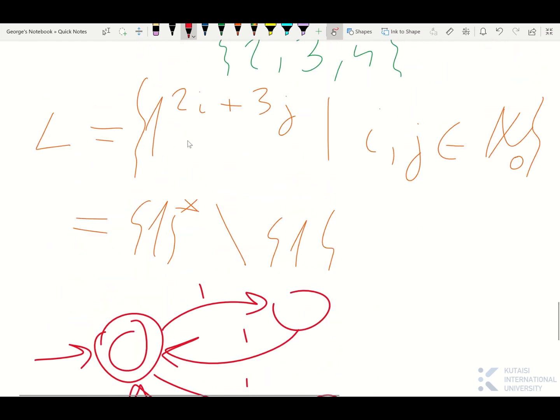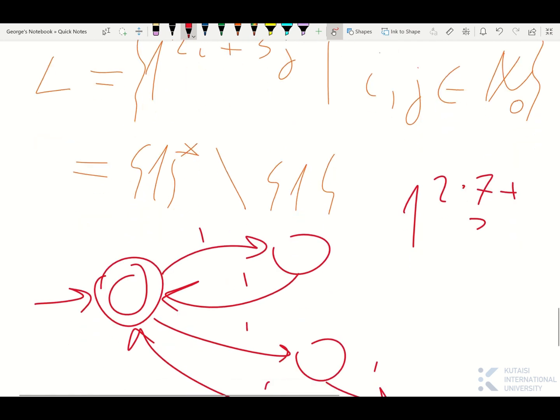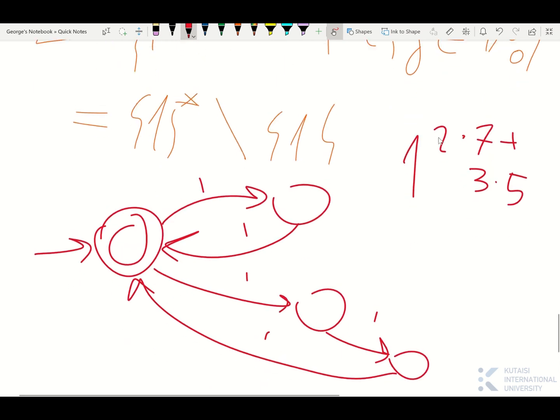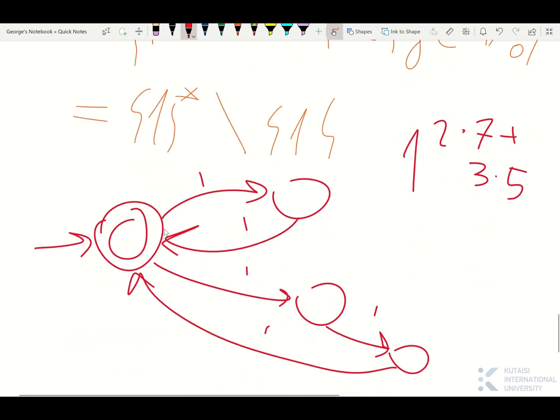Because if I want to build, say, 1 to the power 2 times 7 plus 3 times 5, what do I have to do? I go 7 times here, 5 times here. It exactly translates, right? Once you give me i and j, I go i times here and j times here, and I will end up here, right?